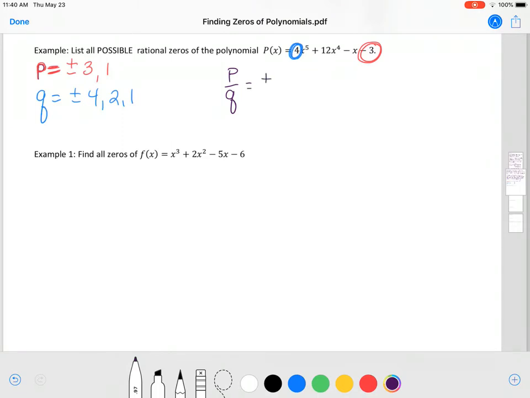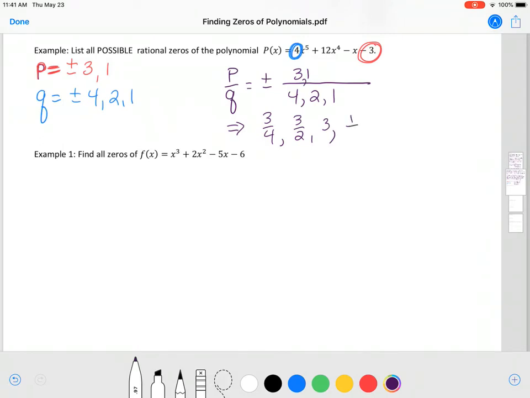So I want to find plus or minus all of these combinations. On the top, I would have 3 and 1. On the bottom, I would have 4, 2, and 1. So when I list out the possibilities, I could take 3 over 4, 3 over 2, or 3 over 1, which is just 3.